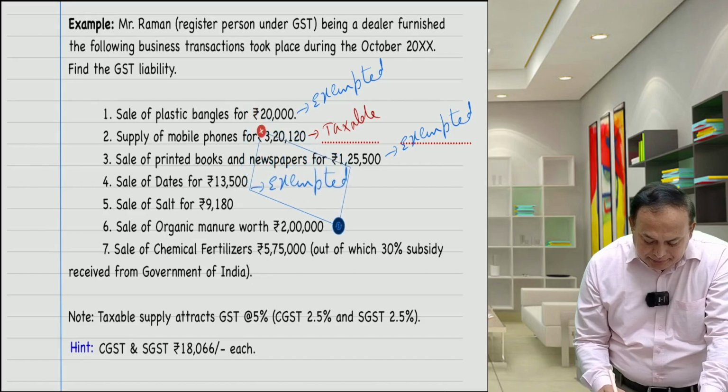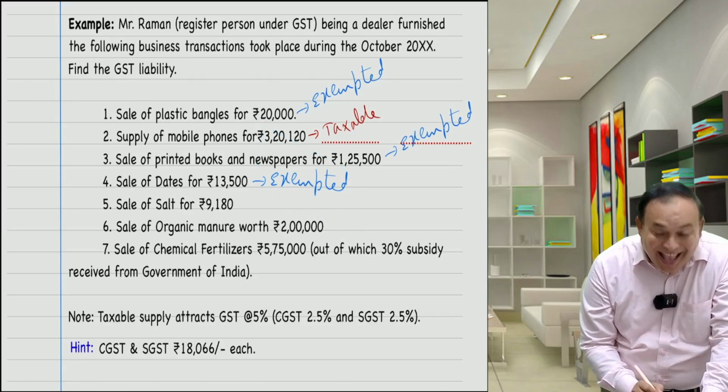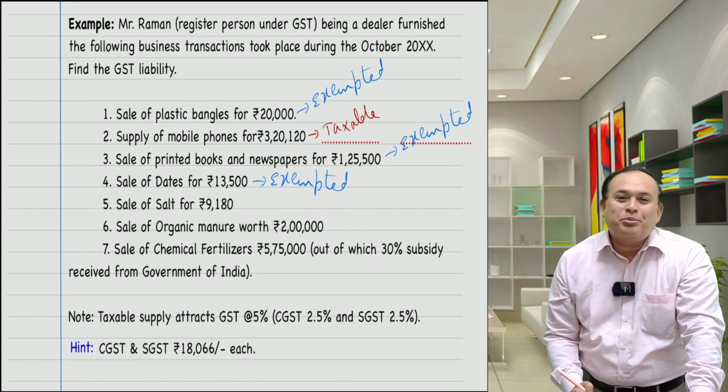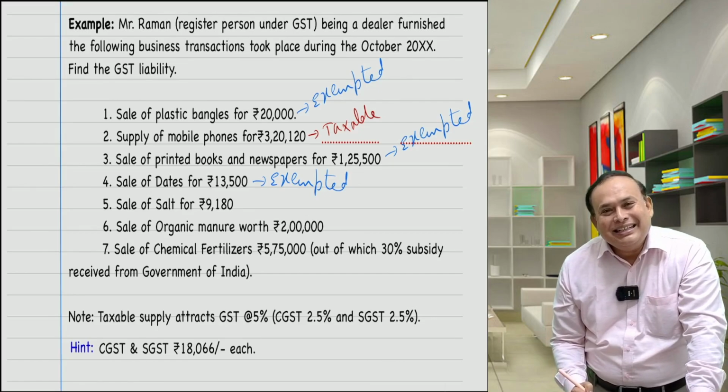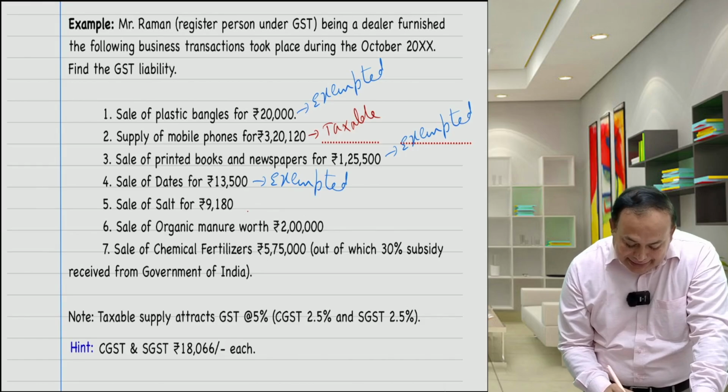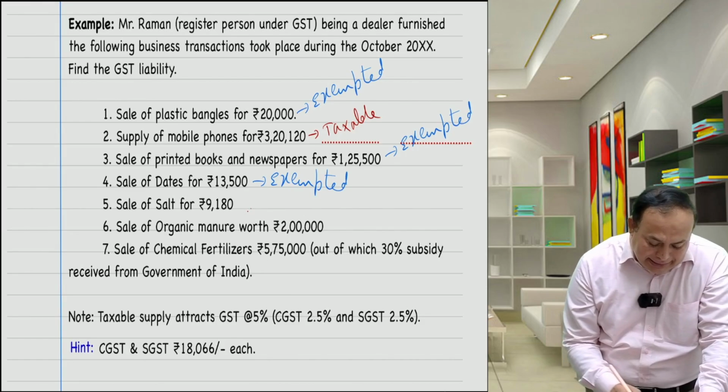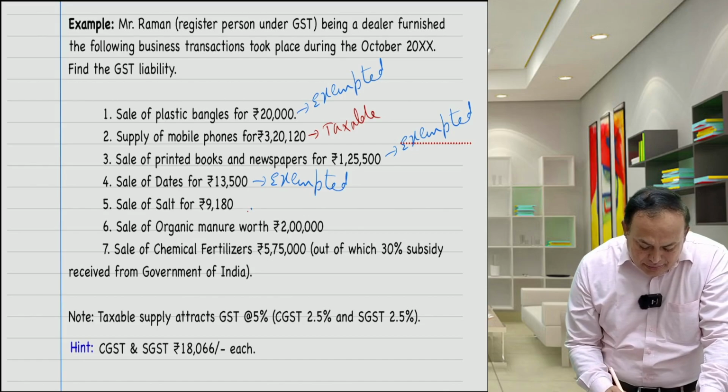Further, my dear friends, sale of salt, not a Tata brand salt, simple salt. Exempted, which is not stated in the exemption list, but it is implied that it is exempted.